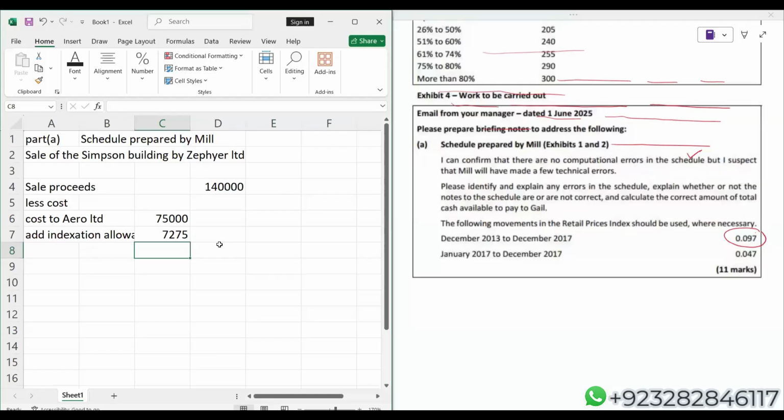That's great. Now we will take both of them. So from 1,40,000, we'll deduct 82,275. That will give us chargeable gain.